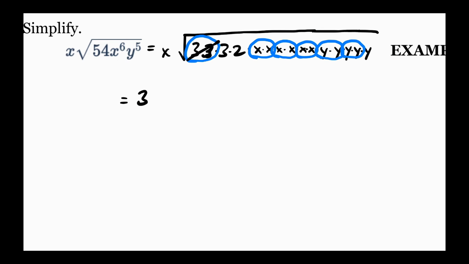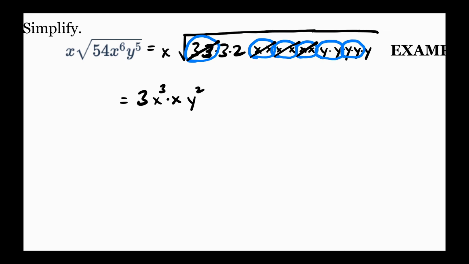How many pairs of x's do I have? 3. Good. So 3 can come out. So how do I write that on the outside? X to the third power. But I already have an x out there, so make sure you include that one. And then how many y's can come out?